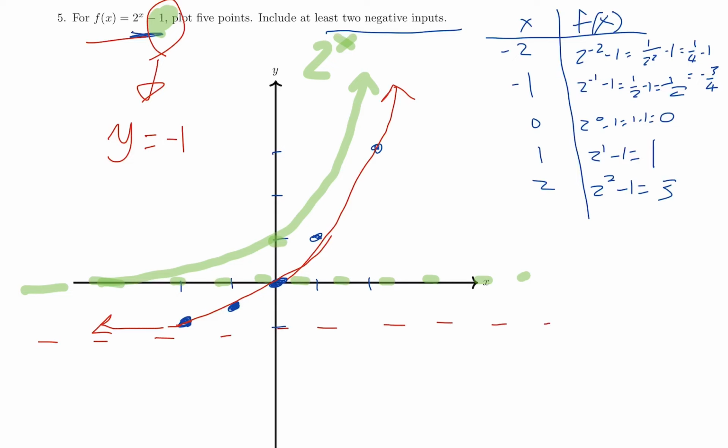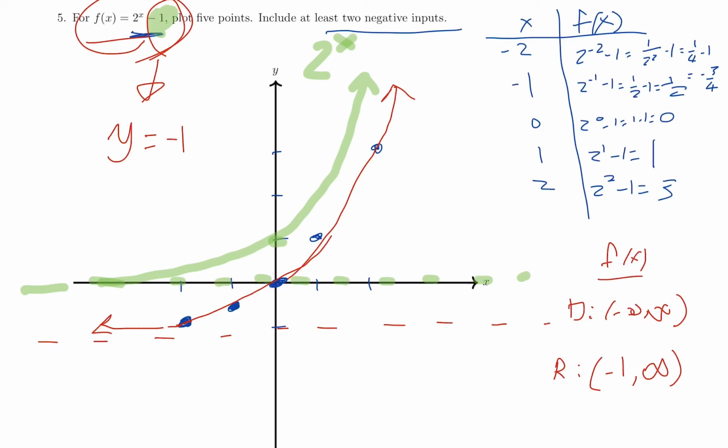Okay. So for this function, just for practice, the domain is still -infinity to +infinity. But now the range has changed. For the basic parent function, the range is 0 to +infinity. But because of the -1, we went down, so the range for f of x is -1 to +infinity. You can also think, let me write it bigger here, 2 to the x minus 1.